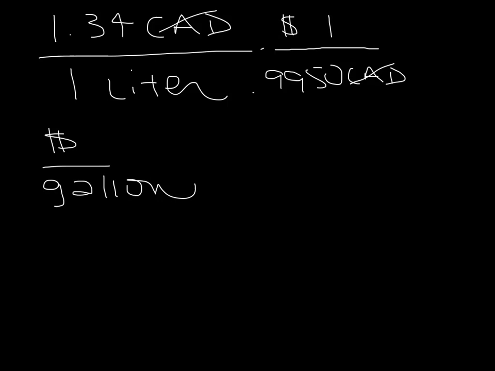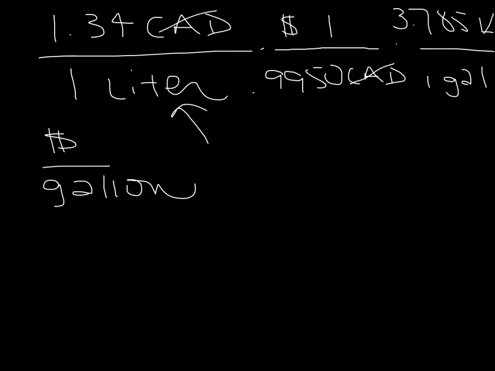When I go back and I look at my metric chart, which we've had several times, if you look at your US to metric, I want to make sure that I get rid of liters. So since liters is on the bottom, I need to have liters on the top. And we know that 3.785 liters is equal to 1 gallon.